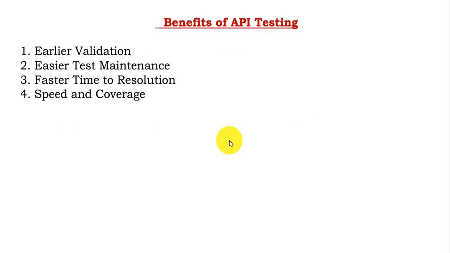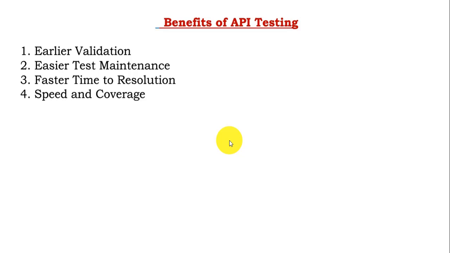Then why is API testing important? What is the need of API testing? One is early validation, which means that rather than waiting for the UI to be developed and then checking the whole functionality, before that itself we can check this particular API, and we can confirm the correctness, at least the major functionality, by using the API.